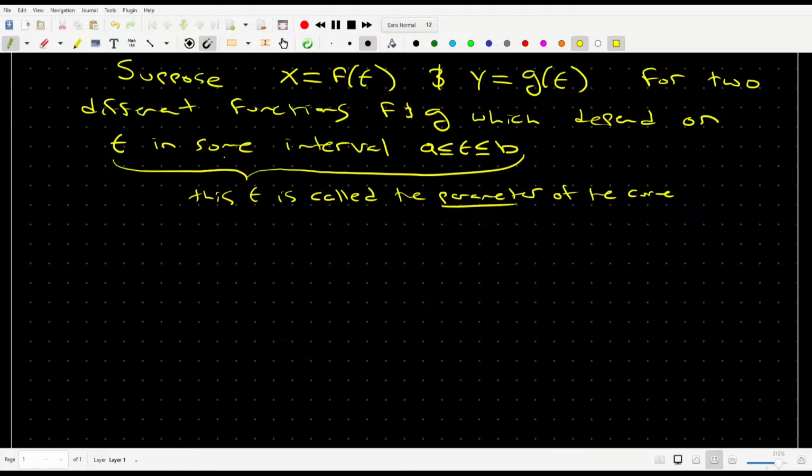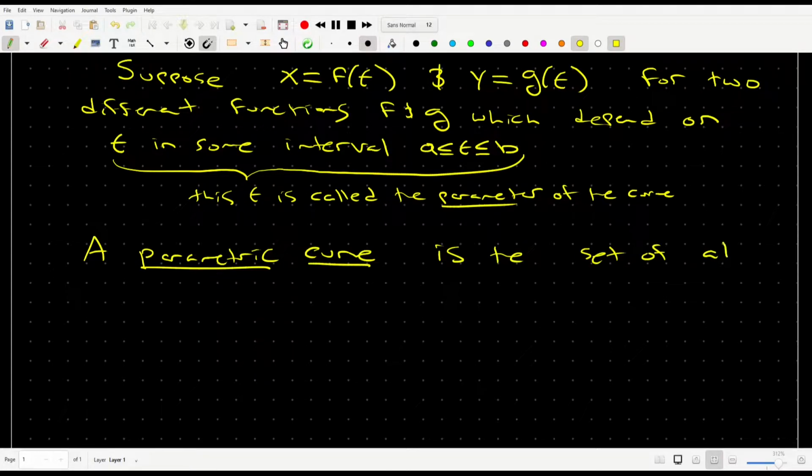But the parametric curve itself is the set of all points in 2D, x comma y, such that the coordinates of the point are exactly the value of the function f of t.